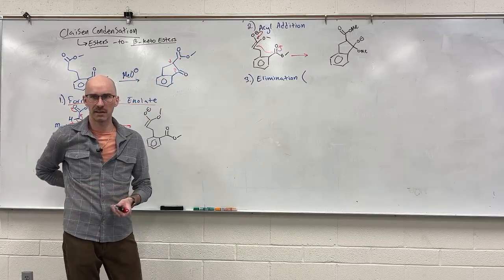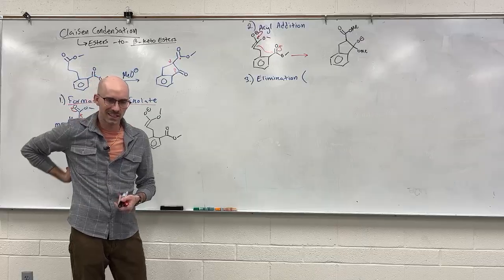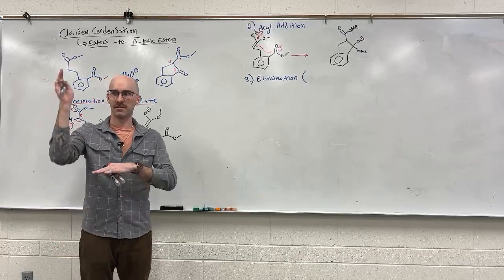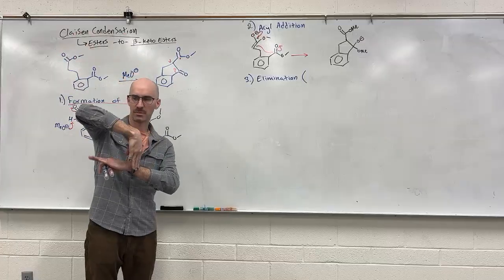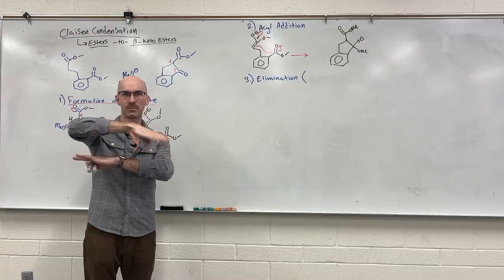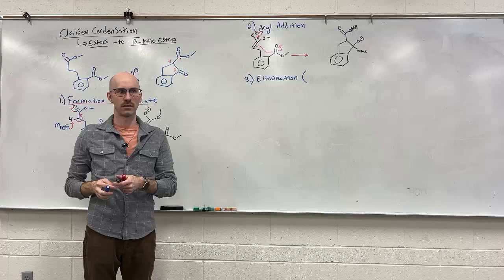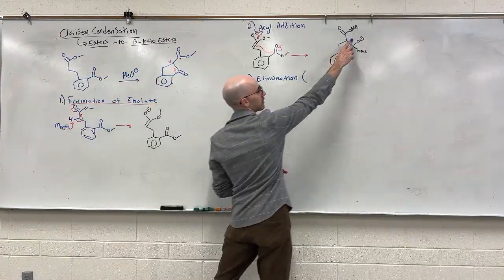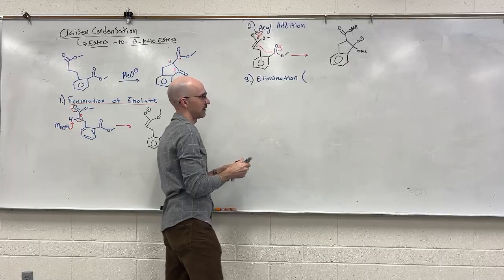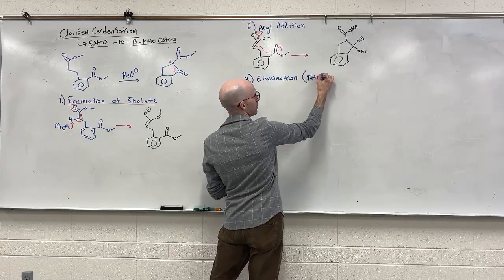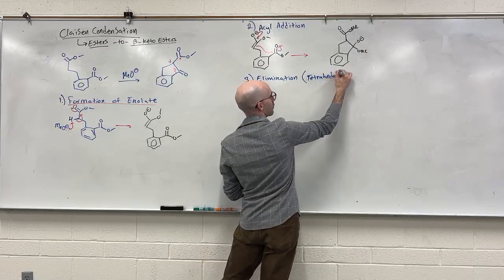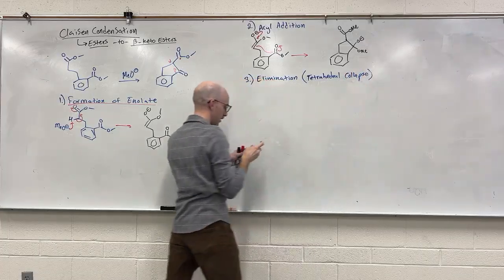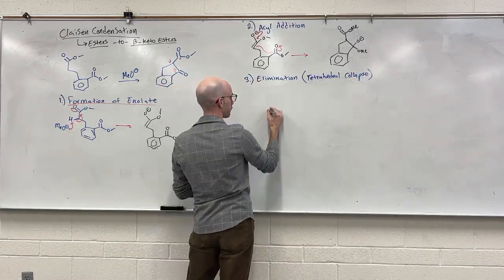I just worry the name that I would give it doesn't make sense to you. I might call this tetrahedral collapse. The O negative collapses back down into a double bond, reforms the carbonyl. So my little tetrahedral is going to reform. I call that a tetrahedral collapse. But I don't know if that's the best word. For you, maybe you'll think elimination sounds good.